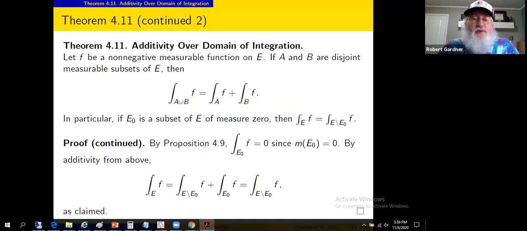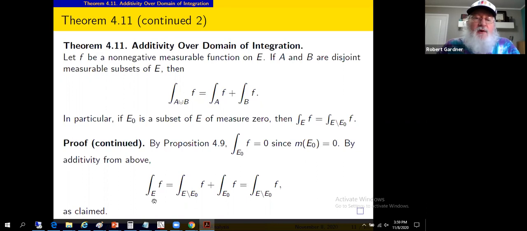There was a little bit more. In particular, if E sub 0 is a subset of E of measure 0, then you can throw it out and it doesn't affect the value of the integral. Piece of cake. E is E sub 0 and E set minus E sub 0. Those are disjoint sets, so let's just apply the first part to this.